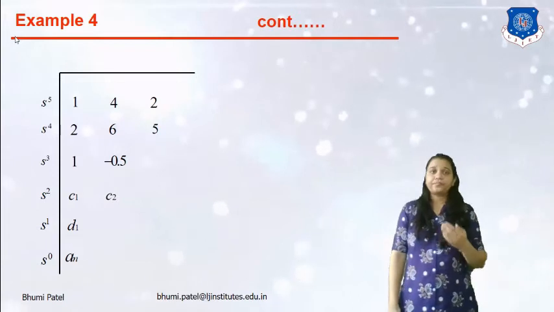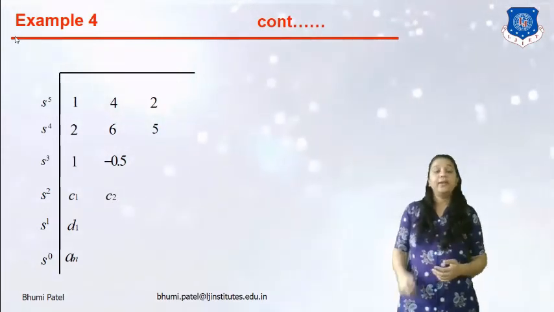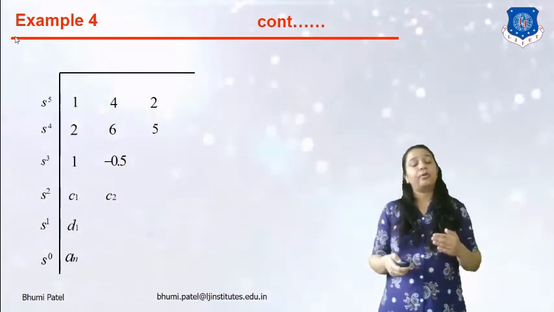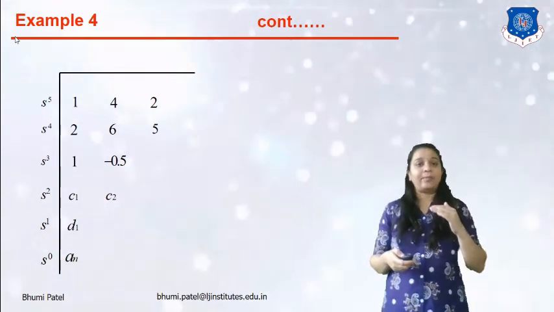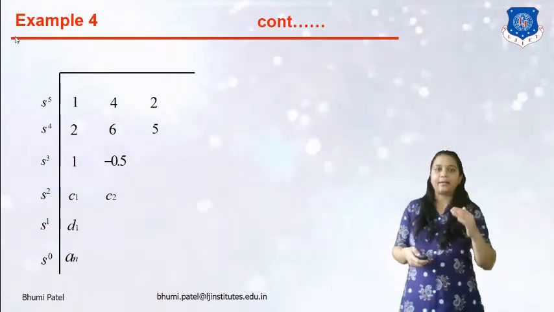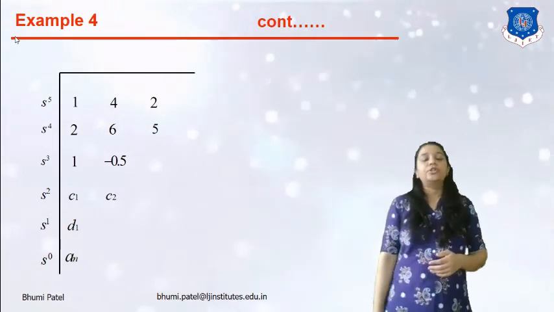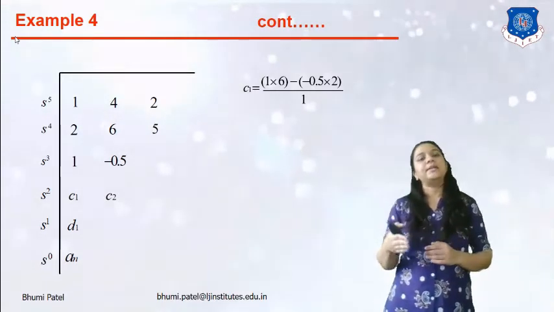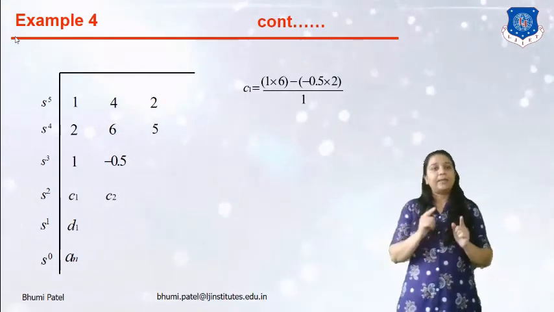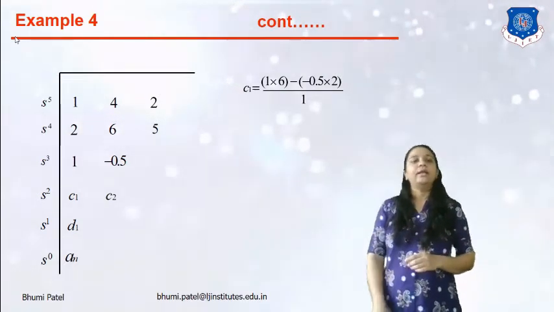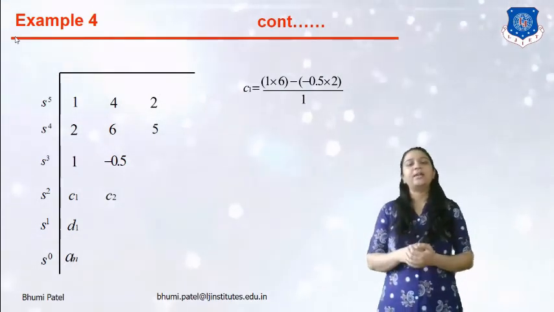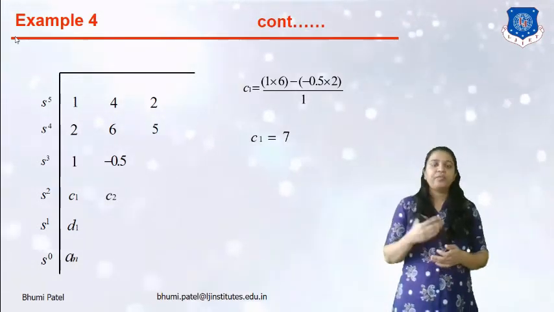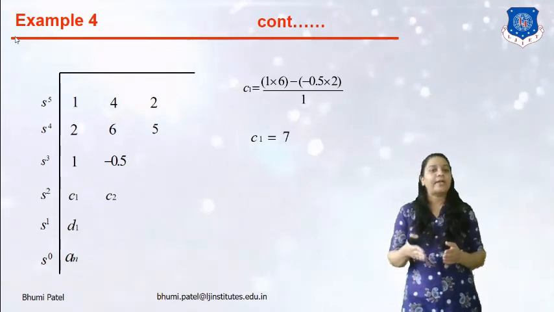Now next we have to find the values of C1 and C2. For that we do not consider the first row elements, we consider the second and the third row elements. For C1, cross multiplication (1 × 6 - (-0.5) × 2) / 1. Simplify this value and we get C1 is equal to 7. Now next we have to find C2.